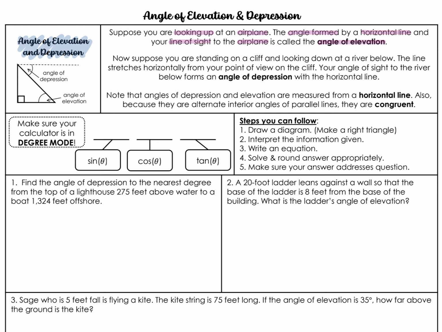Now, suppose you are standing on a cliff and you are looking downward at a river below. The line is going to stretch horizontally from your point of view on that cliff. Your line of sight to the river is going to form what we call the angle of depression with the horizontal line.